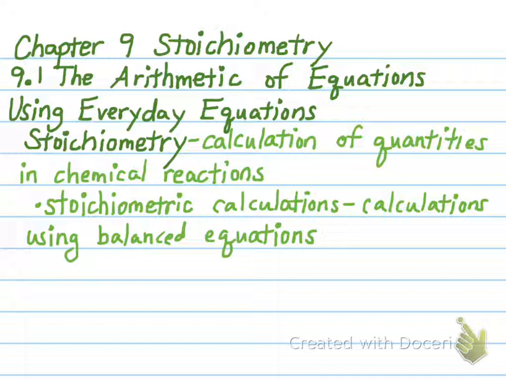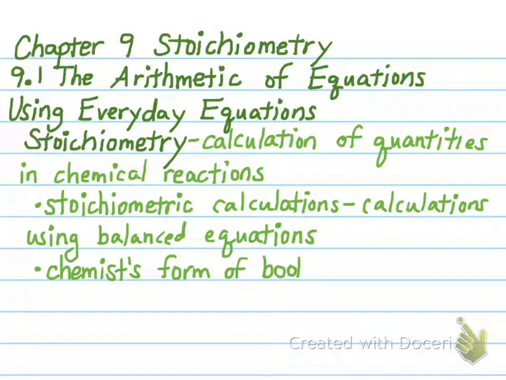You can think of stoichiometry and these stoichiometric calculations as a chemist's form of bookkeeping. This is how chemists know how much reactants they need to produce a certain amount of product.